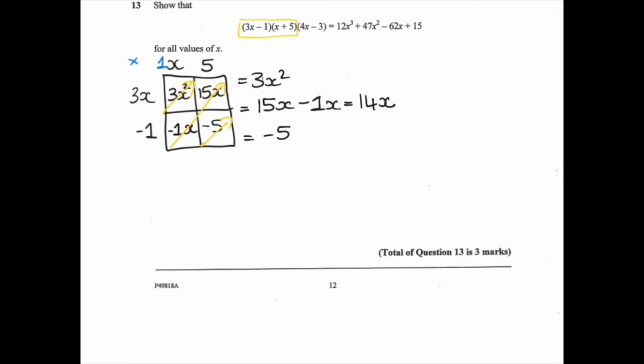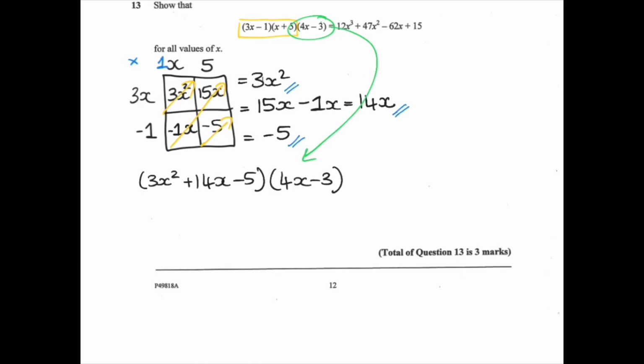So if I'm going to write that out, what do I know I've got? A 3x squared, a 14x, and a minus 5. So I'm going to write 3x squared plus 14x minus 5. And then I've got to bring my last bracket, this guy, all the way down. So here he is, 4x minus 3. And now I get on with doing the exact same thing again, just in a slightly bigger table. So here's my table.